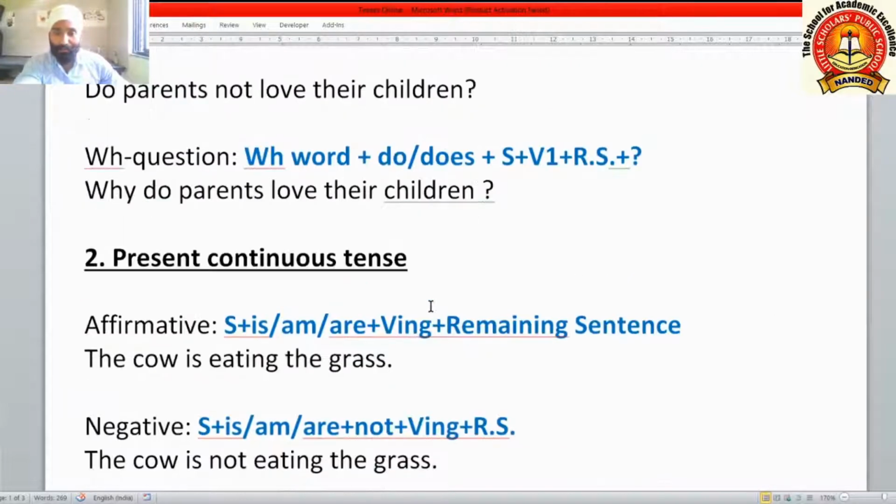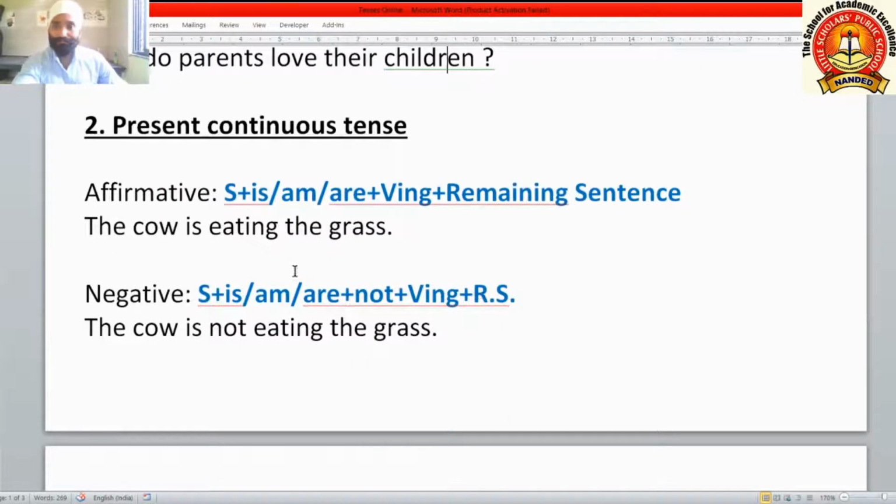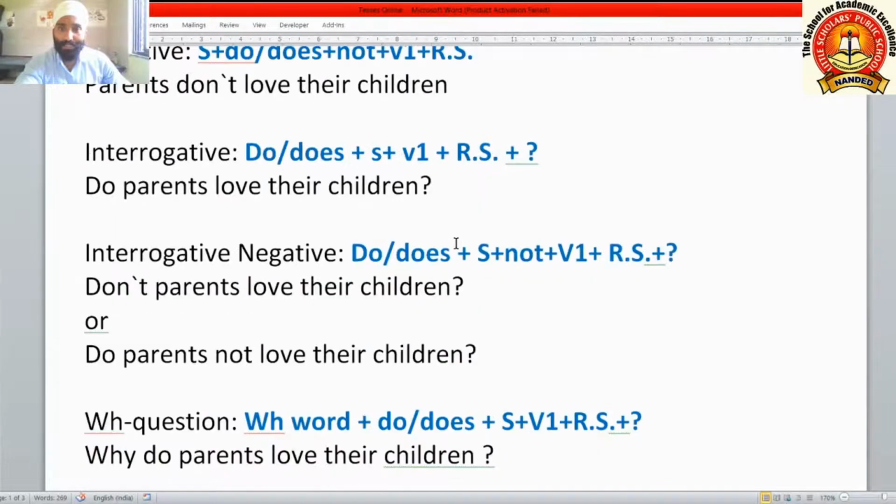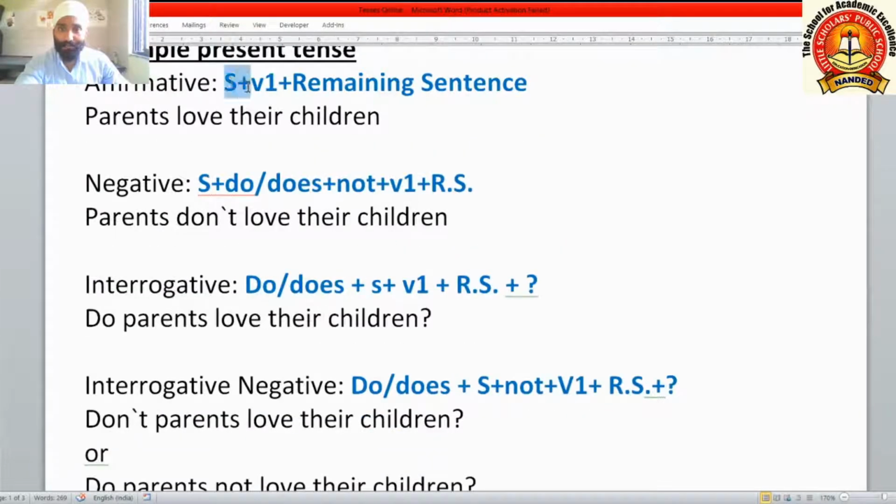Let us see the present continuous tense, the second type of present tense. Affirmative sentence: subject plus is, am, are plus verb with ing plus remaining sentence. Here we can see what is the change in this sentence. In simple present it is subject plus V1 and the remaining sentence as it is.